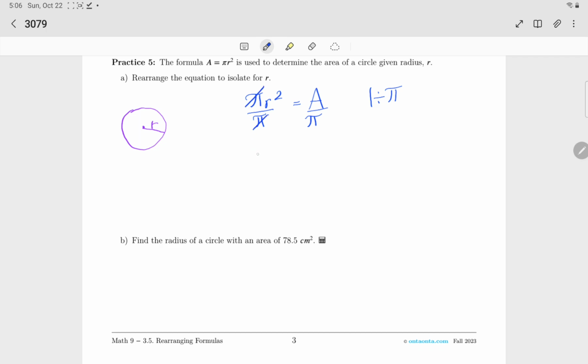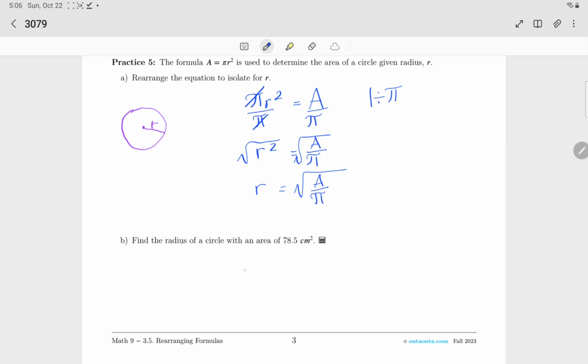Pi cancels out, and we're left with r squared. Now, we need to take a square root of both sides. And since we're looking for the radius of a circle, we cannot get a negative value. So there is only one value for r. And we can find it by taking a square root of area divided by pi.